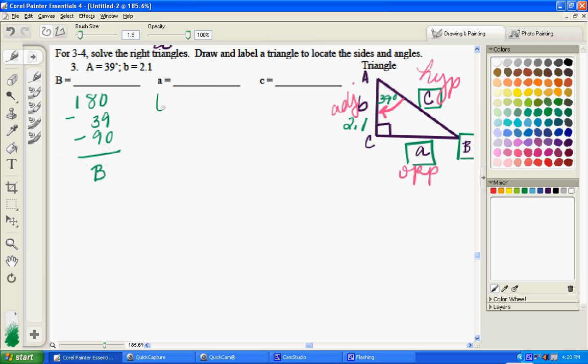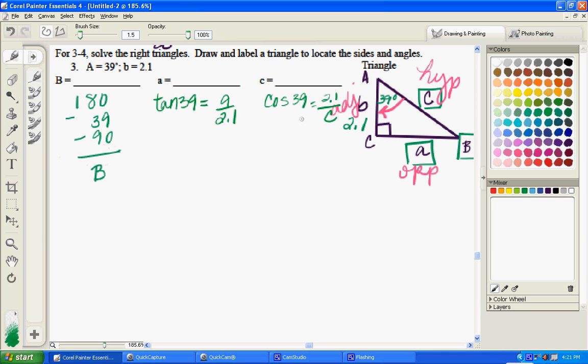So that's going to be tangent of 39 degrees is A over 2.1. And on C, I've got adjacent and hypotenuse. So I'm going to say the cosine of 39 degrees is 2.1 over C.